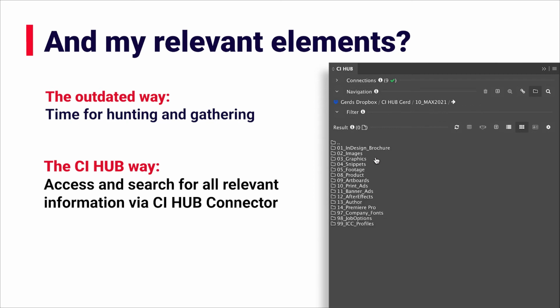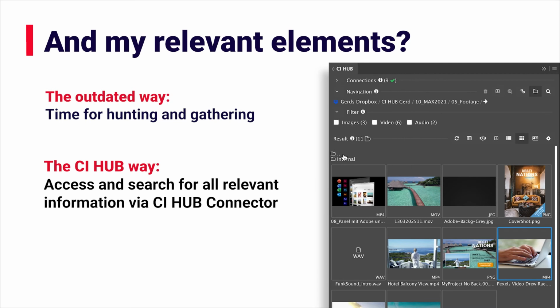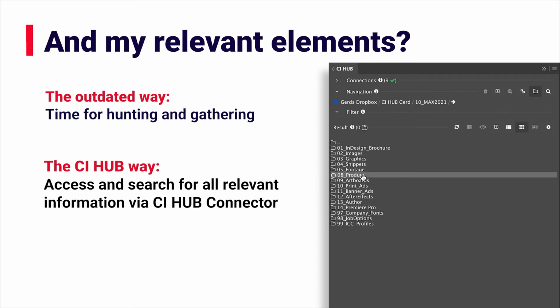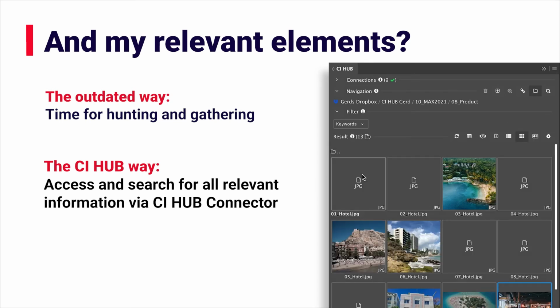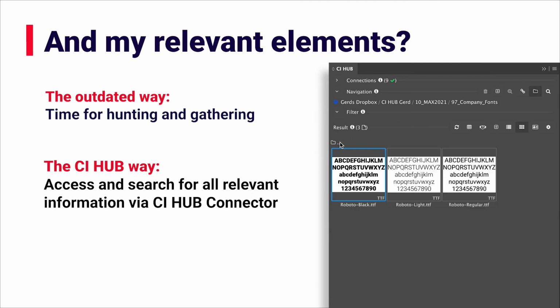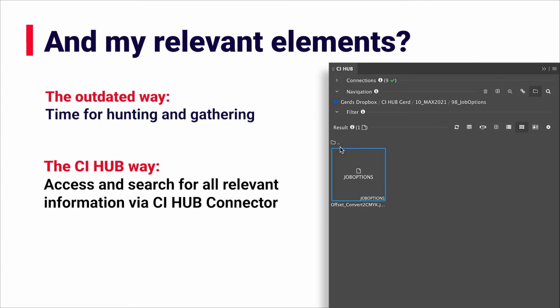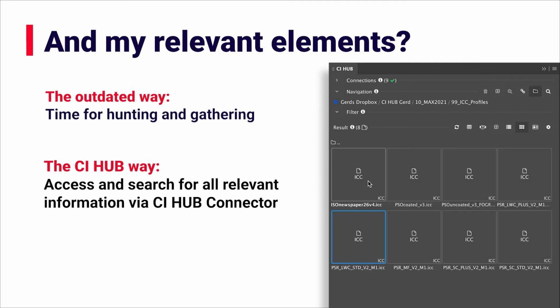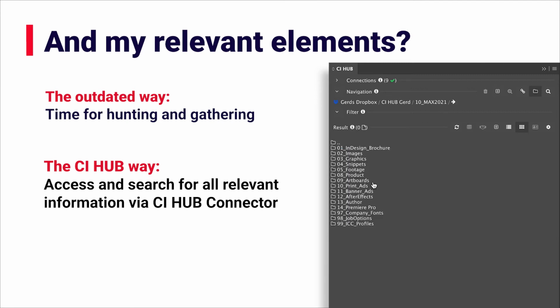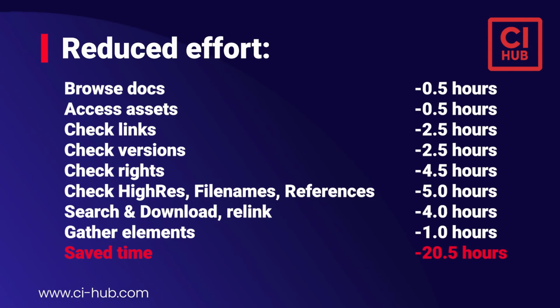With the CI Hub panel, you have access to everything. You can search for all relevant information, and you have access even to fonts, to job options, or to ICC profiles. So having direct access to all these elements saves me, I would say, another hour.